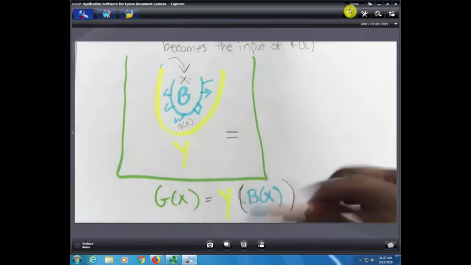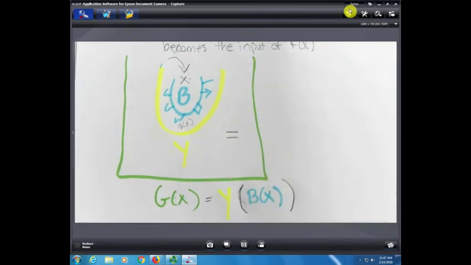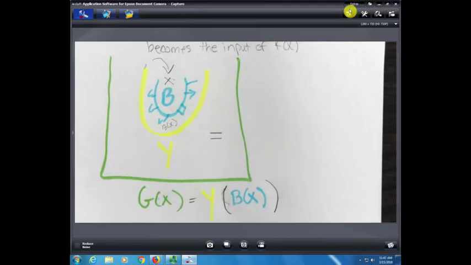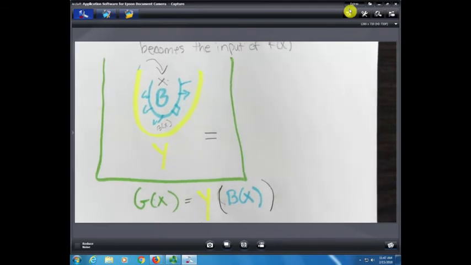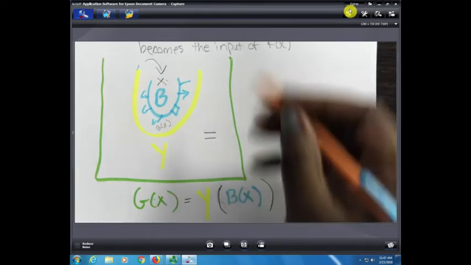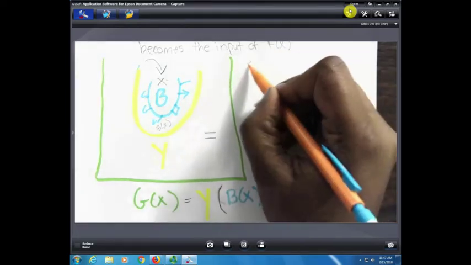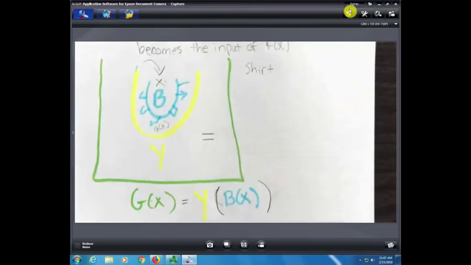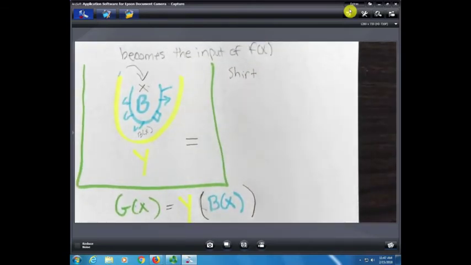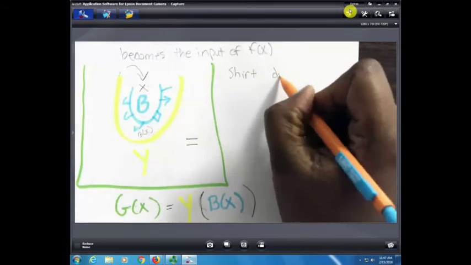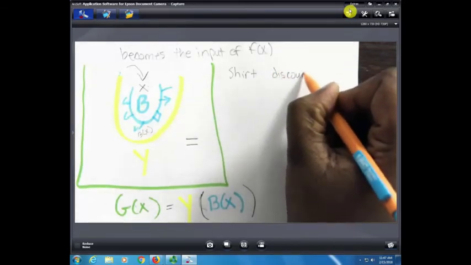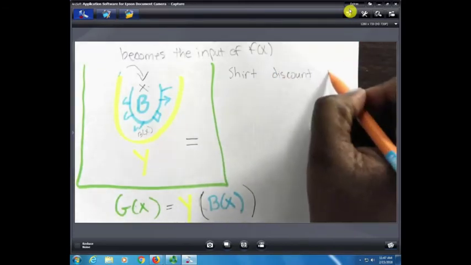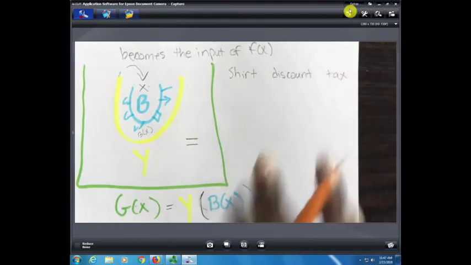Now, let's think about going to the store. And you go to the store, let's say you're buying a shirt. That shirt has a discount and a tax.